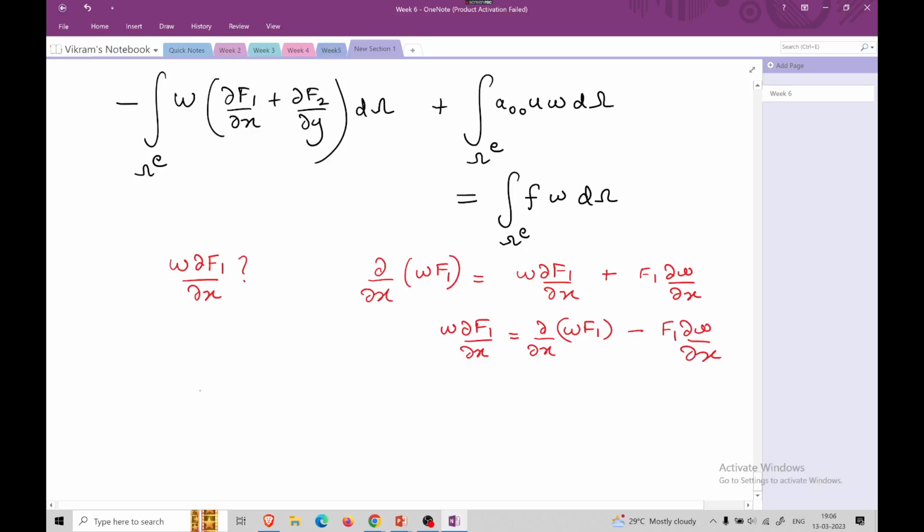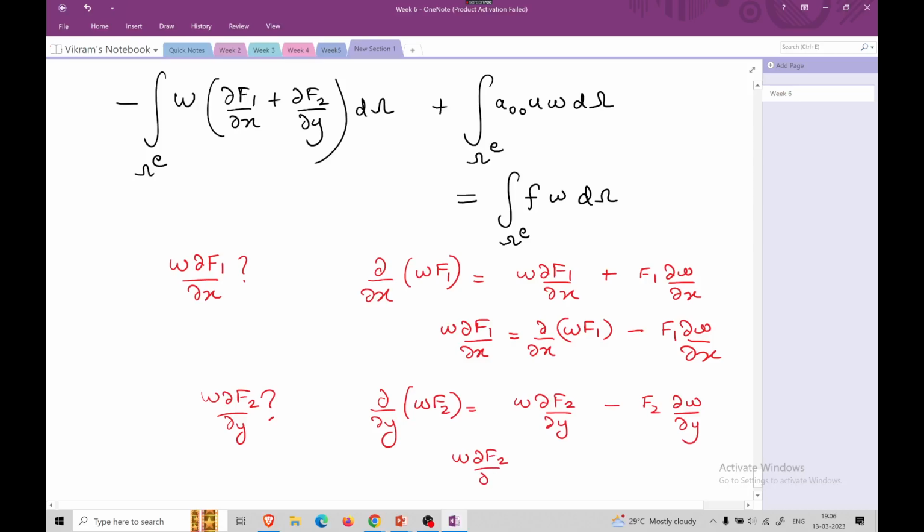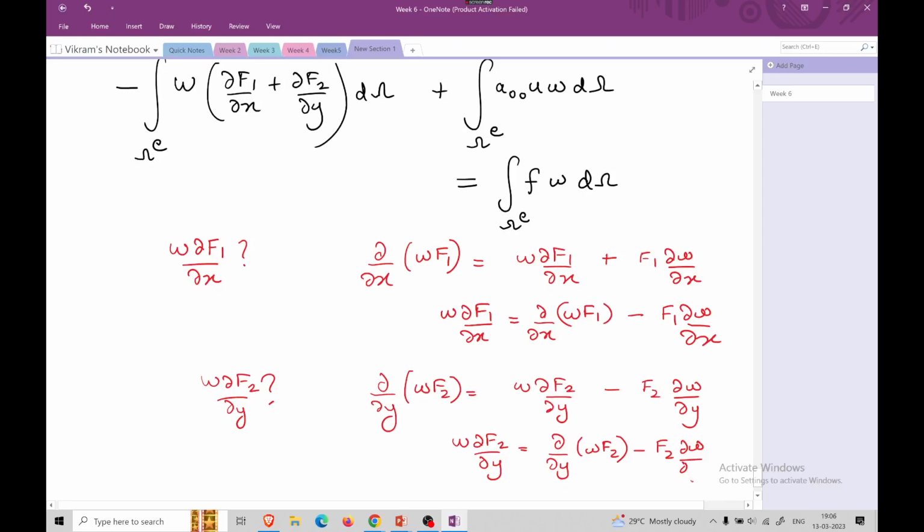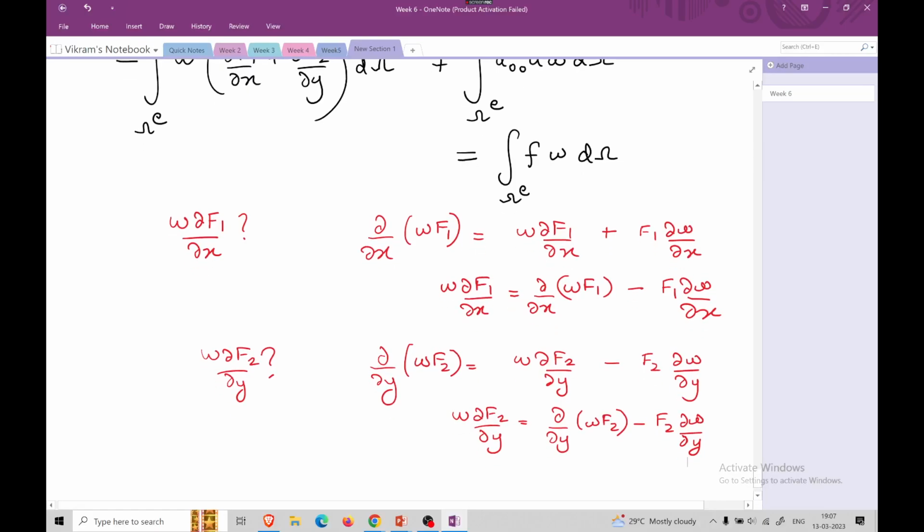Similarly, what is w dou f2 by dou y? Dou by dou y of w f2 is equal to w dou f2 by dou y plus f2 dou w by dou y. So my w dou f2 by dou y is equal to dou by dou y of w f2 minus f2 dou w by dou y. I just substitute these two things into here.